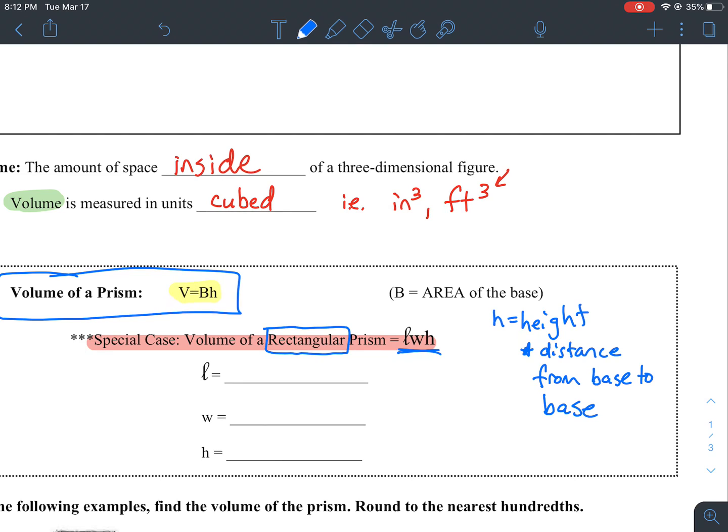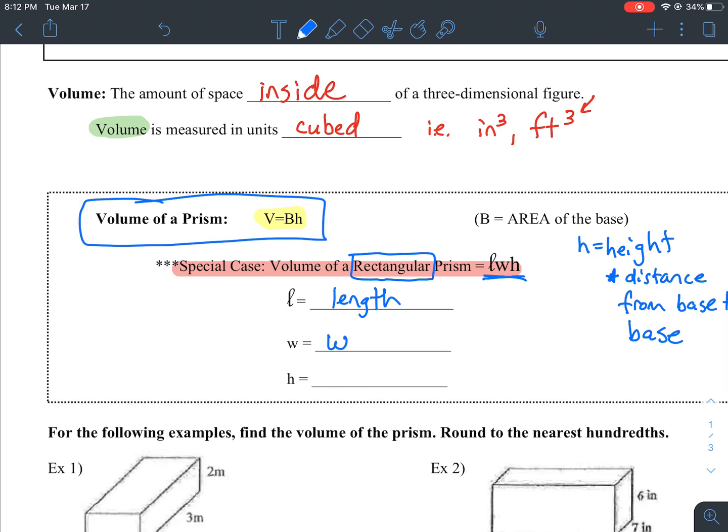Now, with LWH, what do these stand for? It's probably something that you've already learned previously in middle school. L is the length of the prism. W is the width of the prism, so how far front to back, and H is the height of the prism.